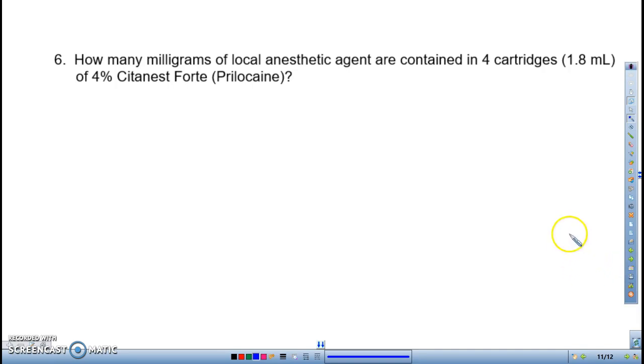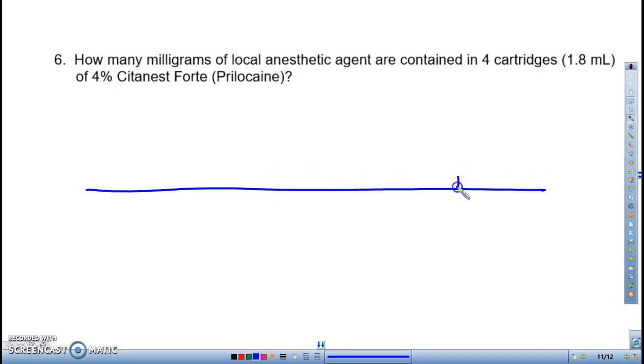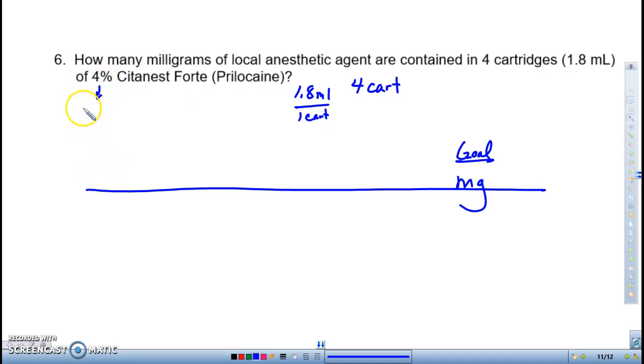All right, number 6. How many milligrams? My goal is milligrams. How many milligrams of local anesthetic agent are contained in 4 cartridges? That's a given. They want you to use 1.8. They just say milliliters, but we know that's milliliters per 1 cartridge. 4% Prilocaine. Okay, the 4% turns into what?